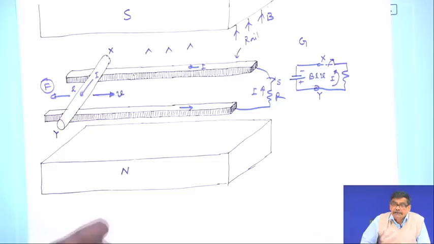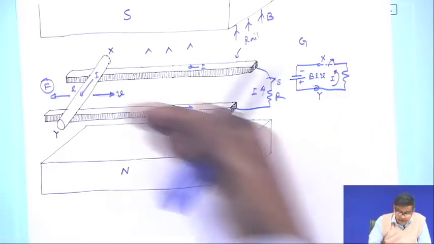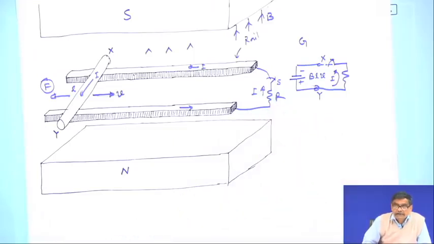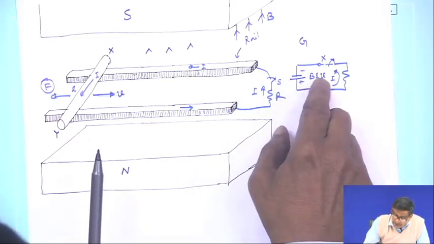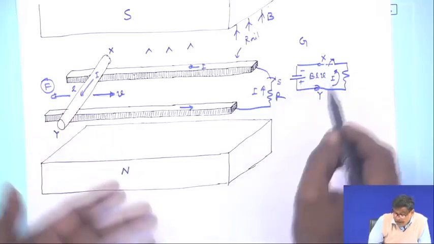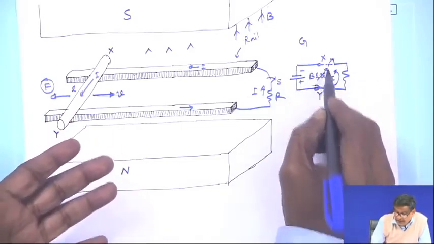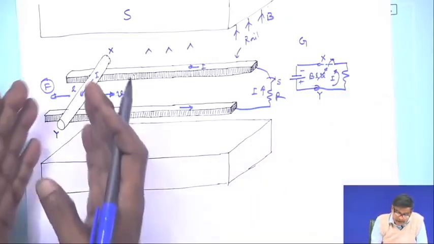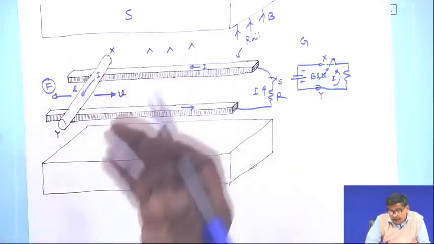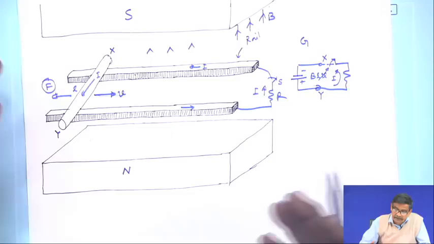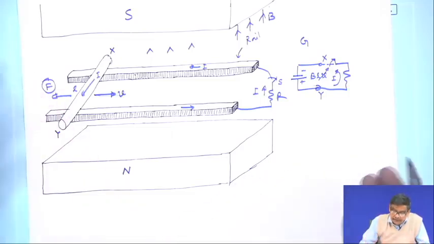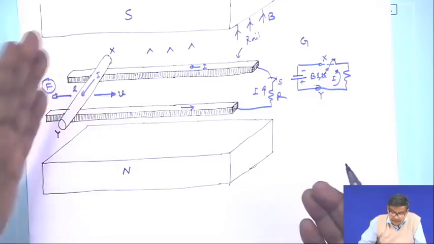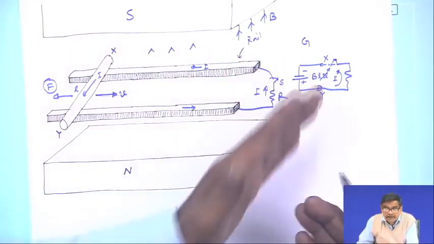Therefore, conductor must decelerate, opposing force, its velocity will decrease, but whatever be the velocity, that voltage BLV will be there. Of course, it will no longer now be a constant voltage, because velocity is changing, it is decelerating. It will go on decelerating velocity. Suppose initially velocity was 10 meter per second, it will become 8 meter per second, 6 meter per second, and so on. Progressively velocity will decrease.